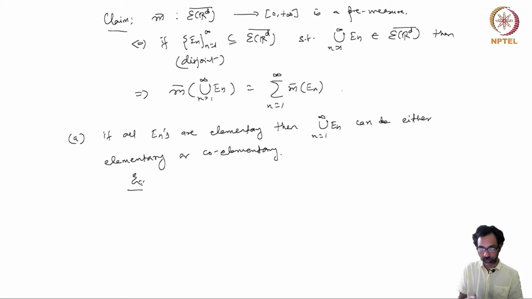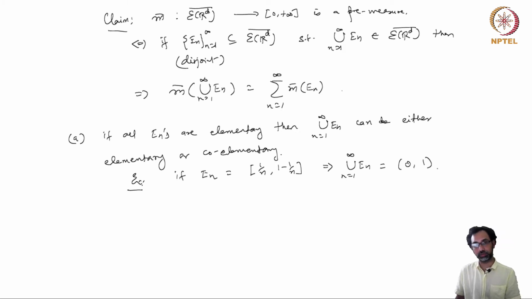So example, if E_n is given by, let's say, the interval 1/n to 1 minus 1/n, this implies that the union of the E_n, n equal to 1 to infinity, is nothing but the open interval (0,1). So one should check this, that you get the open interval (0,1).